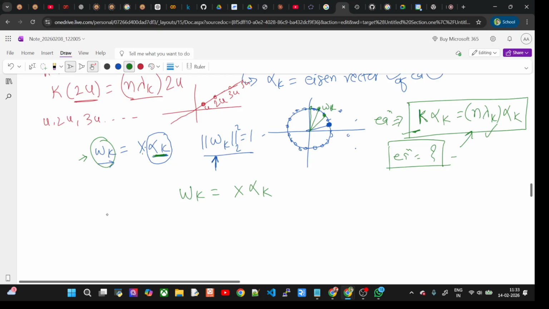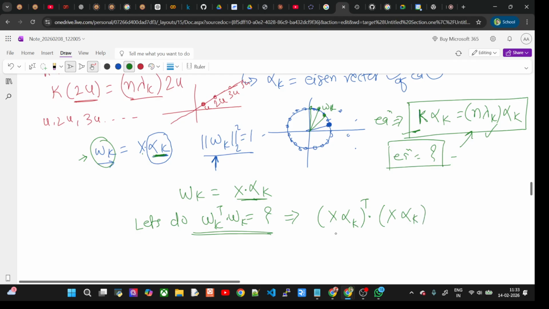Okay, let's do wk transpose into wk. We need to find out what wk transpose wk is. So what is that? We know x into alpha k. This is nothing but x into alpha k transpose, because this wk is x into alpha k, its transpose, into x into alpha k.